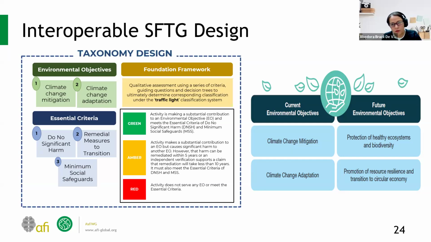And the future environmental objectives that will be covered by the taxonomy are also articulated in the document, such as biodiversity and the circular economy. Aside from this, we also have the essential criteria, which are aligned with the ASEAN taxonomy and also with the EU taxonomy, such as do no significant harm, remedial measures to transition, and minimum social safeguards. And then the traffic light system, wherein we follow the green, amber, and red classification.